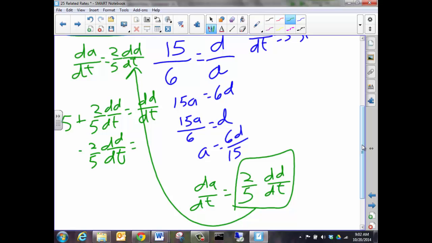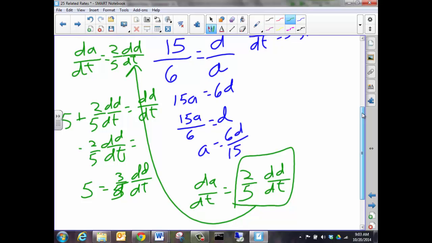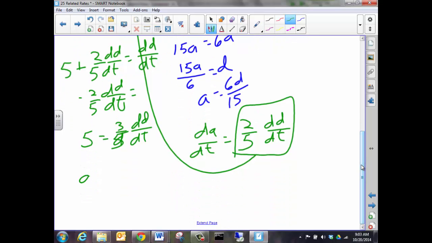How do I subtract 2/5 dD over dt from dD over dt? That's 1 minus 2/5, which is? So we have 5 equals 3/5 dD over dt. So then what's dD over dt? 25 over 3.